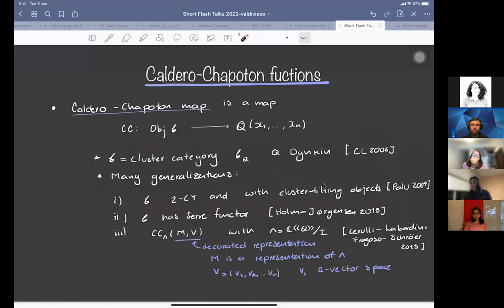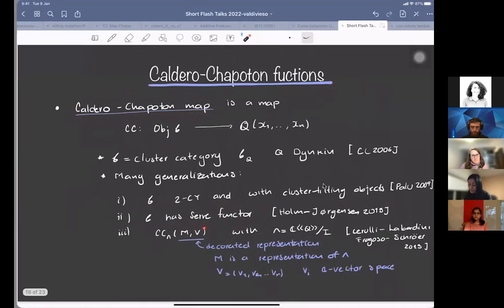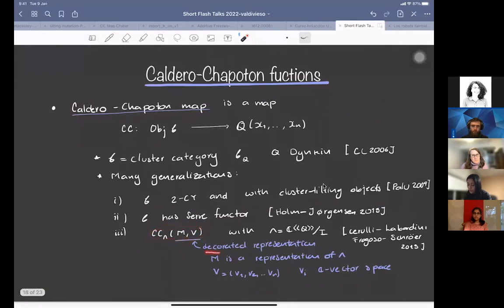That was defined by Palu in 2009, and Hanihara and Jørgensen defined a similar function for categories which have just a Serre functor. And Cerulli Irelli, Labardini-Fragoso, and Schröer defined Caldero-Chapoton maps for what they call decorated representations, which are basically a pair such that the first element is a representation of this algebra, and the second element is a set of vector spaces.